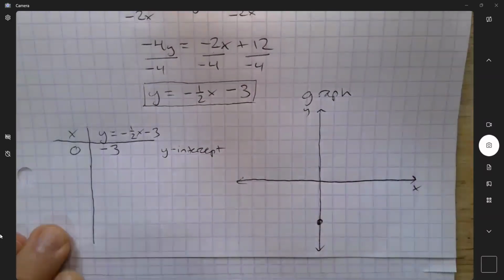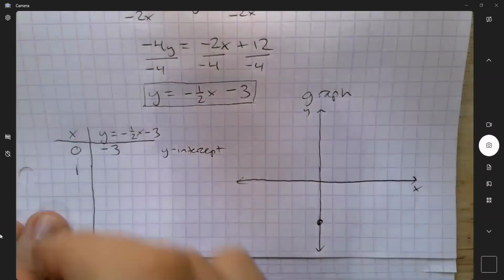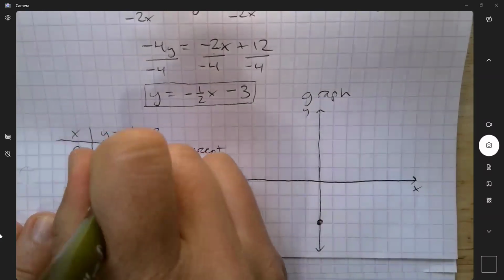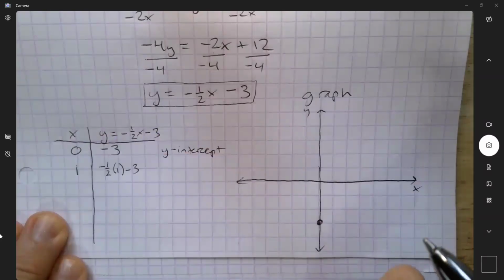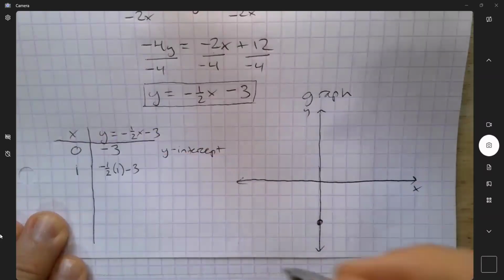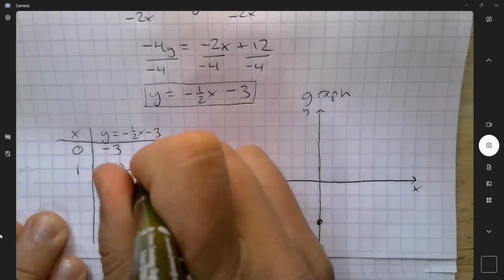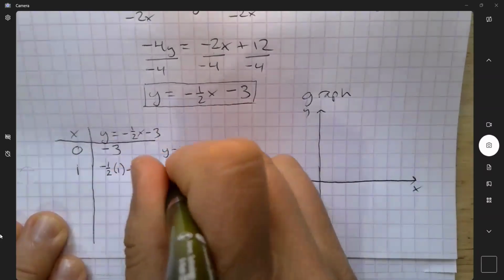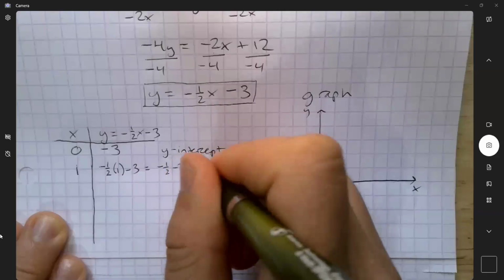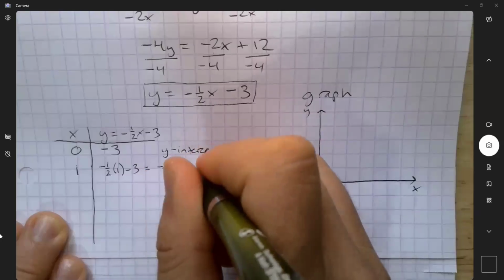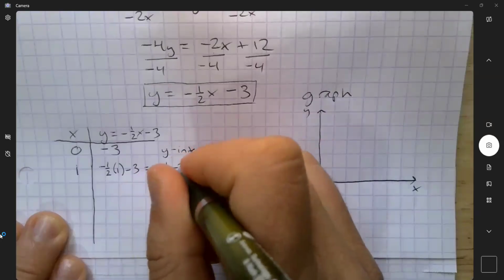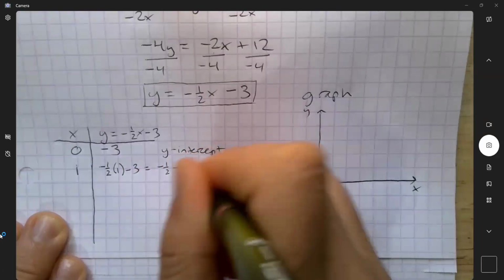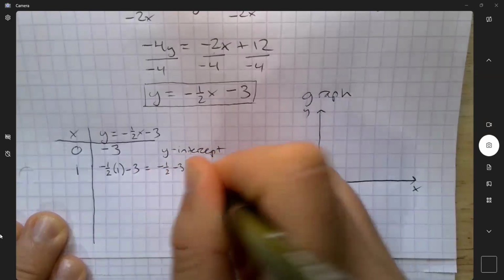Let me try 1. That's negative 1/2 times 1 minus 3, which is, let's see, that's just negative 1/2 minus 3, which is, do some fraction work, or maybe convert that to a decimal, negative 0.5 minus 3, which is negative 3.5.